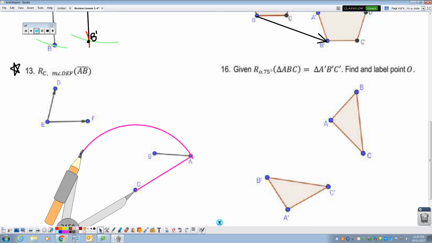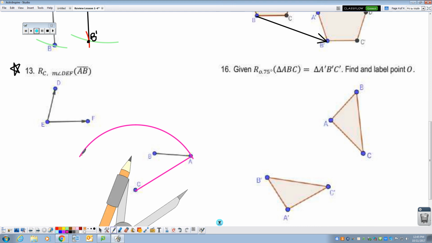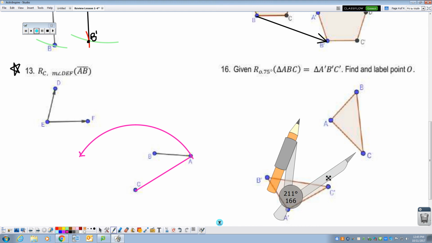So that's our path. If it kept going, A would continue to go in this direction. We don't need the arrow, but it's just so you can see what's happening. That's where A is moving.